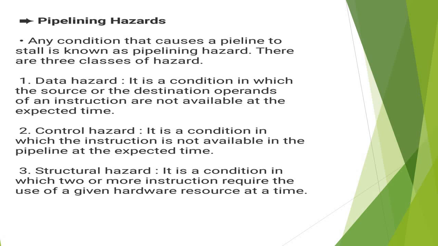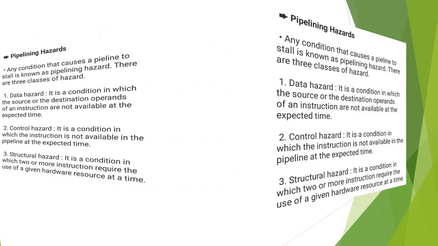The second one is the control hazard. It is a condition in which the instruction is not available in the pipeline at the expected time. And the third one, structural hazard. It is a condition in which two or more instructions require the use of a given hardware resource at a time.